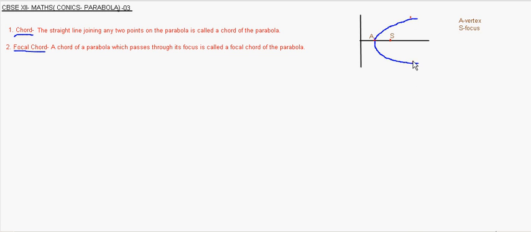Say this is one point and this is one point on the parabola, and say this is known as point P and this point is known as point Q. Then the line which is passing through PQ is the chord, that is the straight line which is joining any 2 points, that is say PQ on the parabola, is called the chord of the parabola.